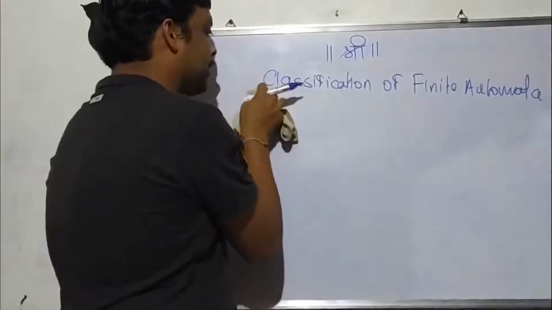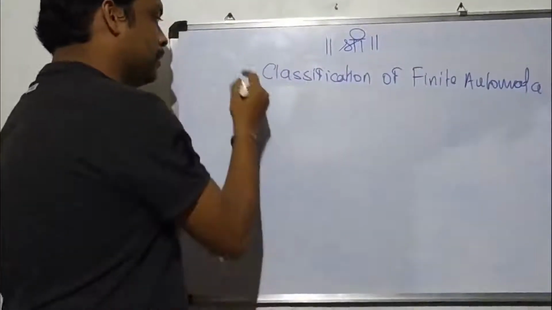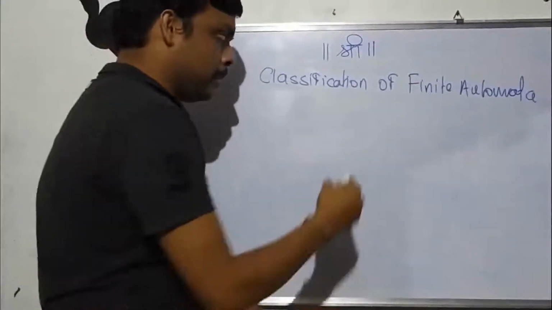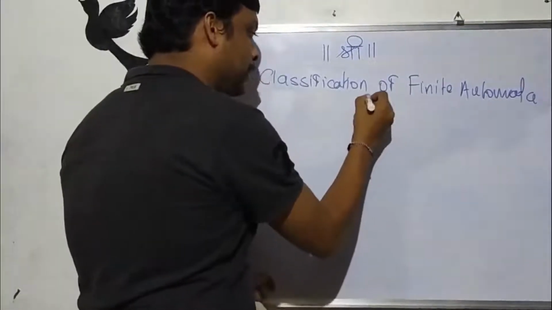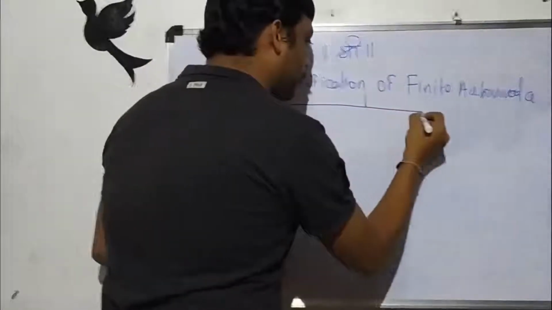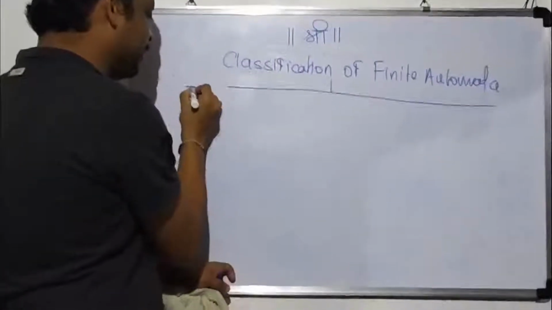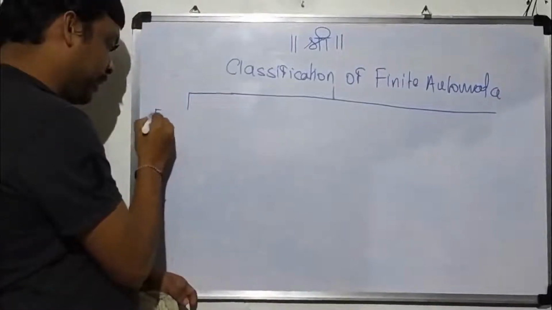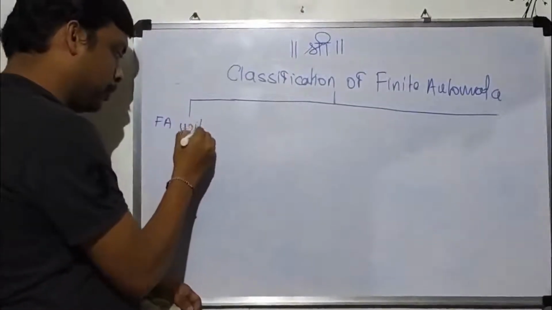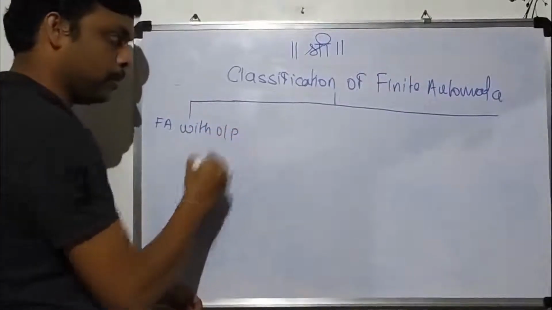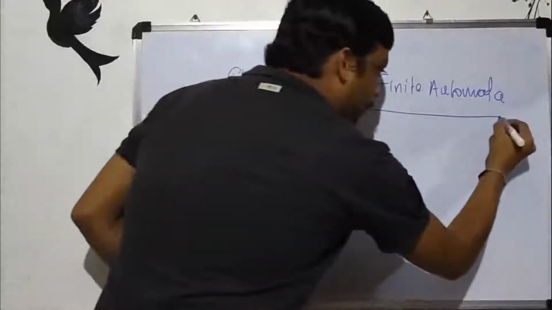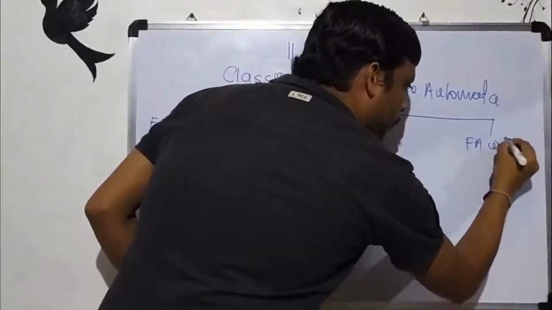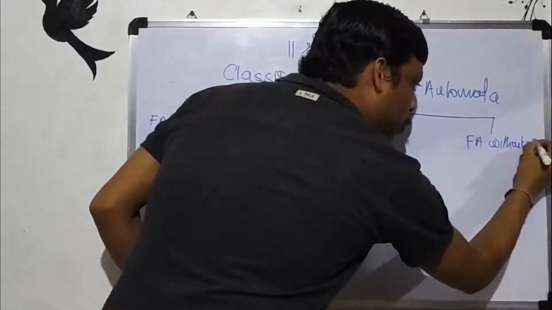As I said earlier, our first topic of discussion is classification of finite automata. Finite automata is mainly divided into two types. First type is finite automata with output, and second type is finite automata without output.